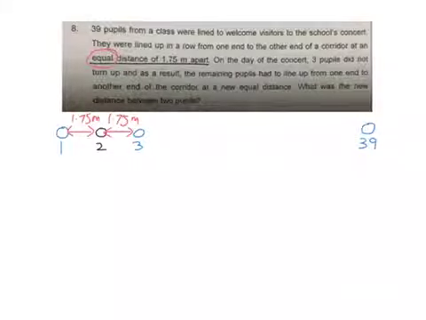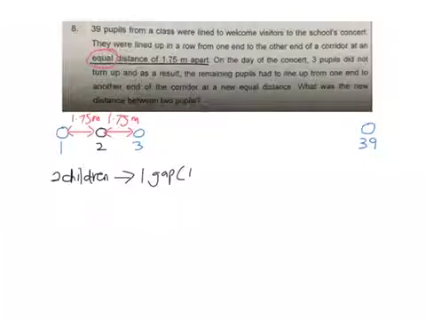So how many gaps are there up to the 39th person? Let's try to make a list and find a pattern. If there was only one child, would there be a gap? No. But if I have 2 children or 2 pupils, there will be one gap.